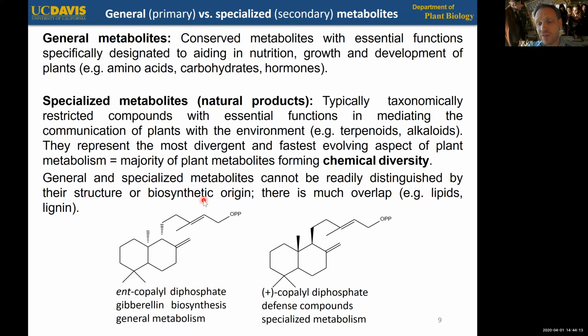And normal copalyl diphosphate is actually one of the most common precursors to bioactive diterpenes that function in pathogen defense and insect defense. So this very subtle difference in stereochemistry has a profound impact on how plants are using these compounds and the bioactivity of these compounds in different ways.